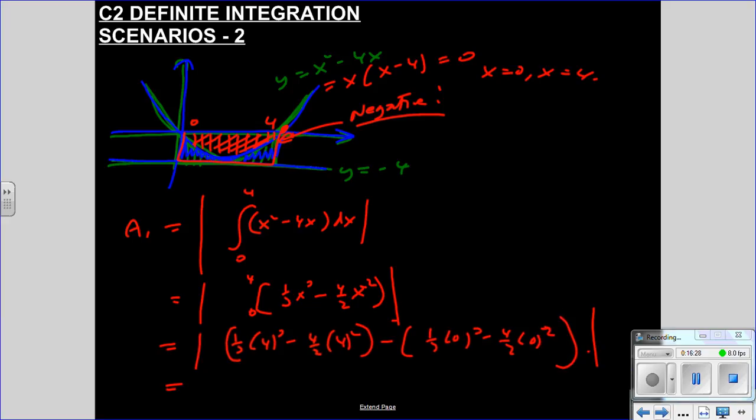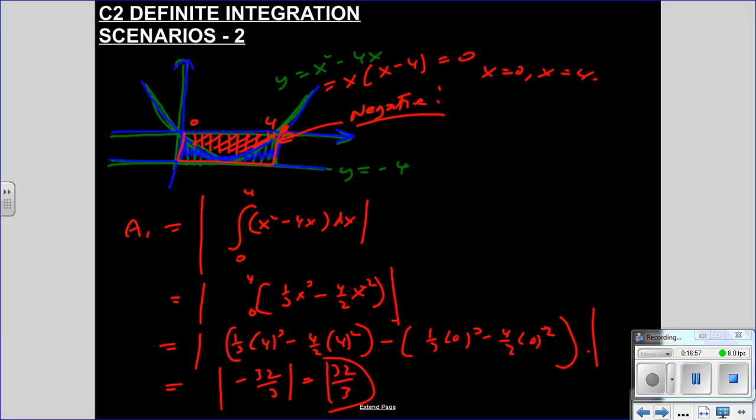And this will equal, if you whack that in your calculator, a third of 4 cubed minus 2 times 16, whoops, minus 2 times 16 is minus 32 over 3, but it's all modded. So the area is 32 over 3.